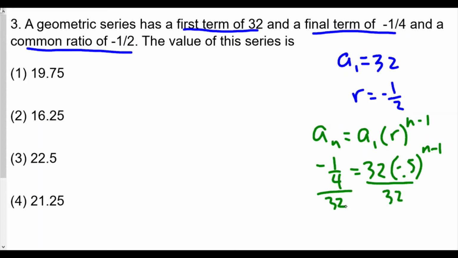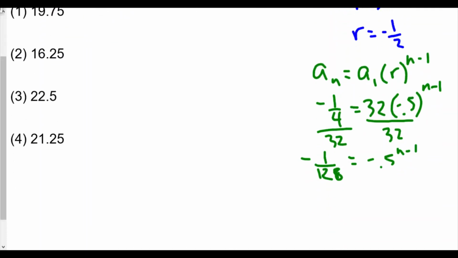Here, I'm going to get a negative 1 over... basically, when you take a fraction divided by a number, you multiply denominators. So 32 times 4 is going to be 128. So I have negative 0.5 to the n minus 1 power. I'm going to bring this down a little bit here.